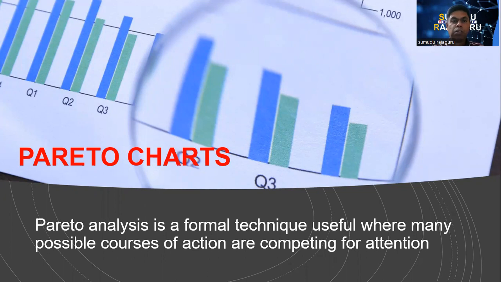When we are going to give the solutions, we have to give solutions for every cause. That we have to understand through the Pareto chart. Is it required to give solutions for all the causes, or do we have to select some causes and give the solutions? That we can understand through the Pareto chart.